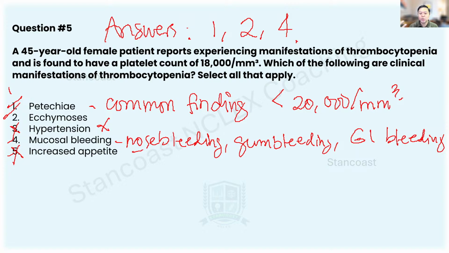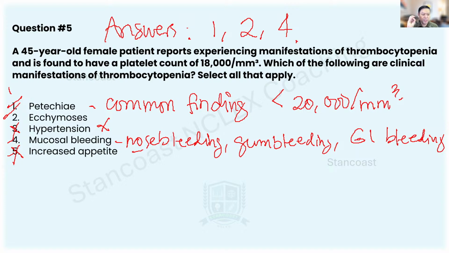It's not known to affect the lumen, the constriction or the vasodilation of the blood vessels. So there is no relationship between the drop of the platelet and the hypertension. There's no relationship at all. It's not known to cause vasoconstriction. I hope that it's going to help you understand.